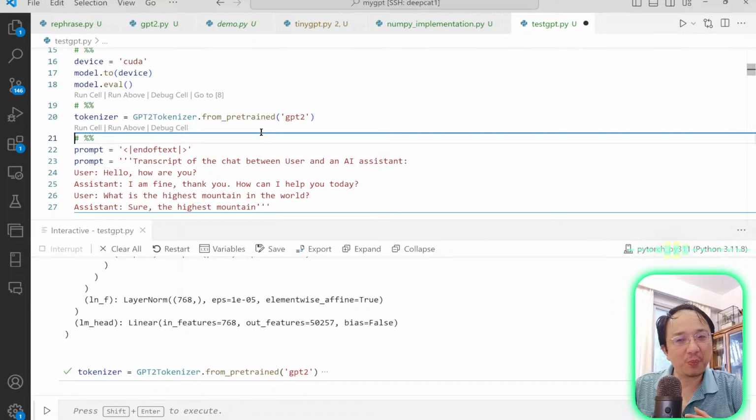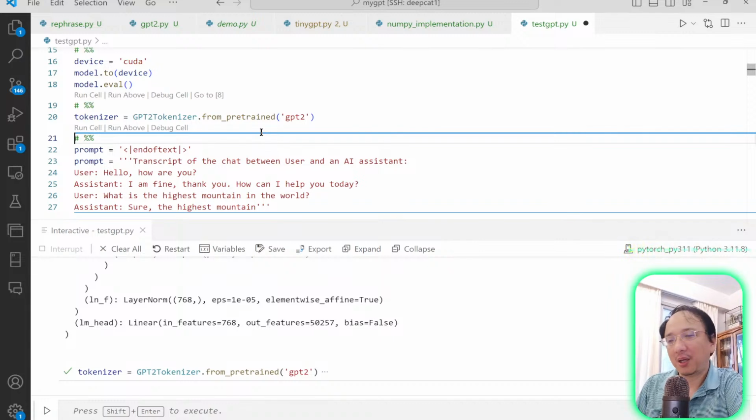Every word in this dictionary is not a word in the sense of our natural language. It just uses some algorithm and statistics to combine frequently used combinations of characters together. That's called a tokenizer, and so it can work with other languages.